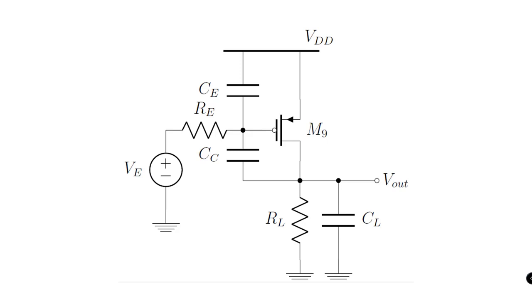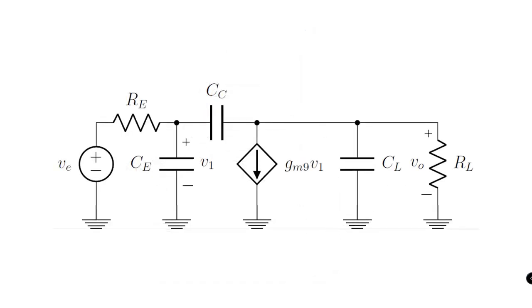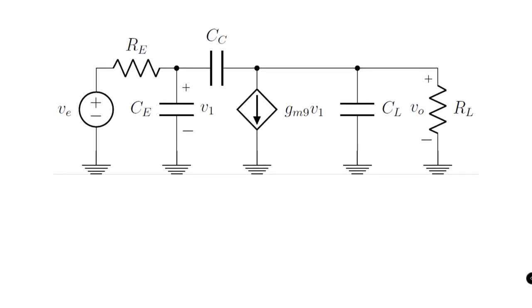And the first stage is now replaced with this Thevenin's equivalent resistance Re and Thevenin's equivalent voltage VE. Now, let us convert this circuit topology into a small signal model to evaluate the transfer function of this circuit topology. Now, let us begin to evaluate the transfer function.